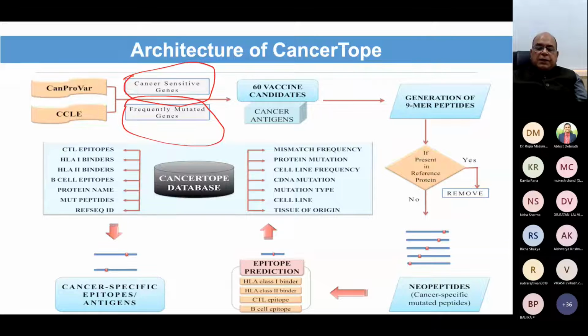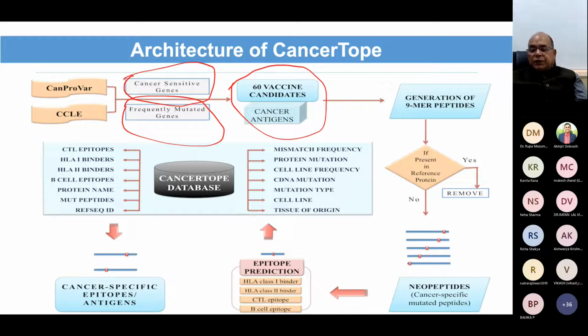So first we identified 60 vaccine candidates in the whole human genome, because the whole human genome has 20-30,000 genes basically. Out of that we found 60 vaccine candidates. These are basically proteins which are very sensitive to cancer. If you make a mutation, the chance is there that it will create cancer.